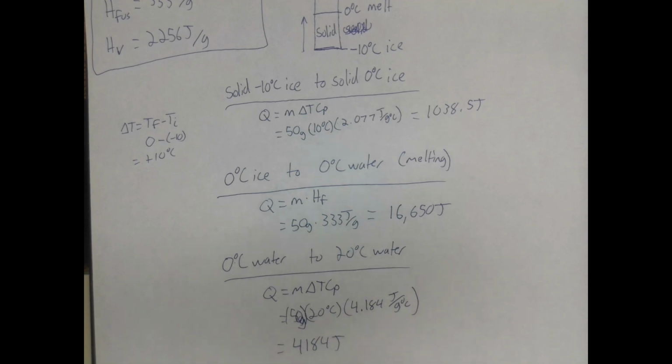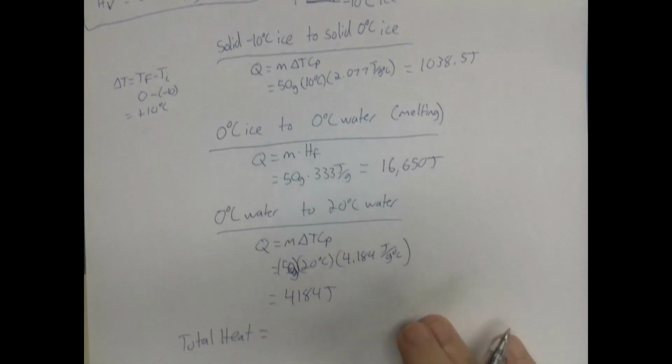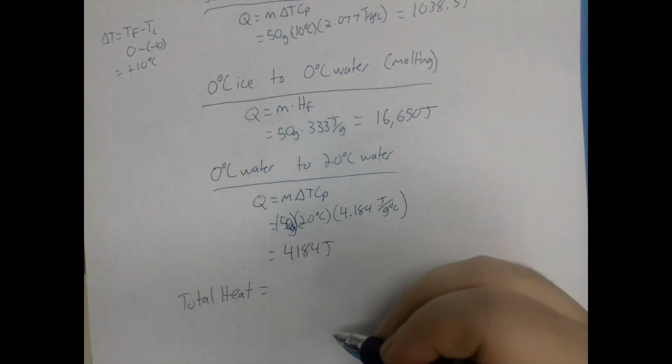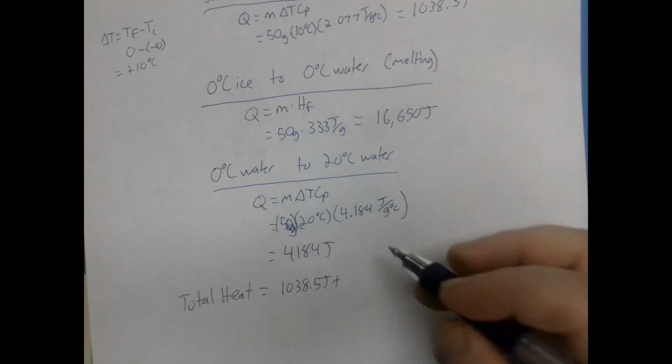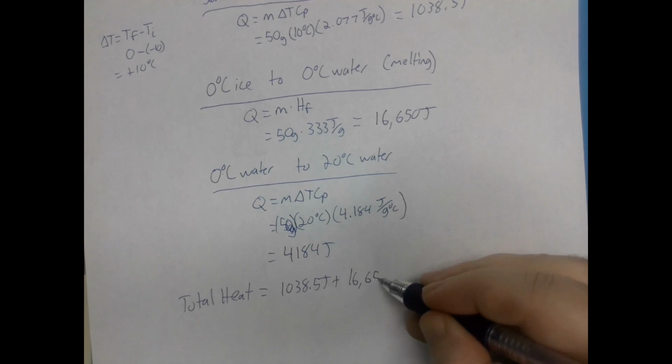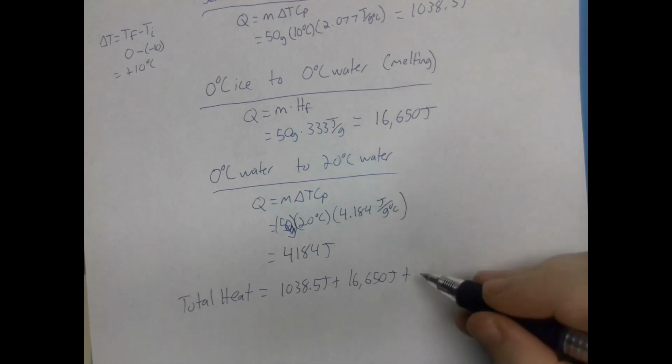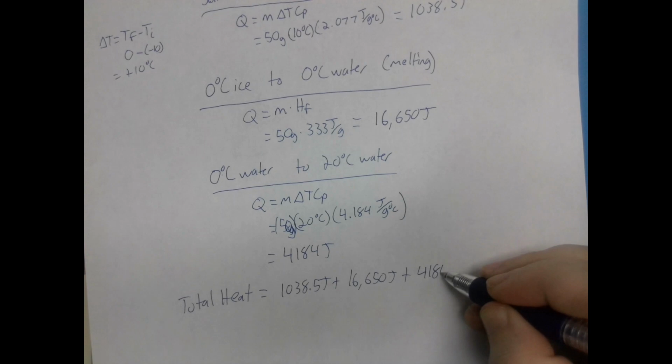The total heat would be equal to the sum of all three of these: 1,038.5 joules plus 16,650 joules plus 4,184 joules.